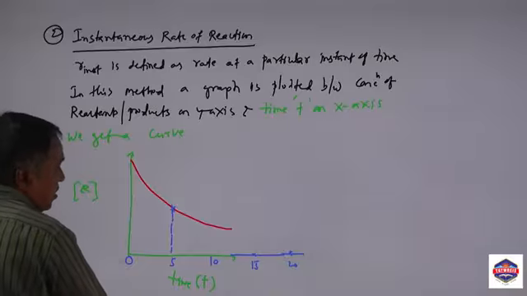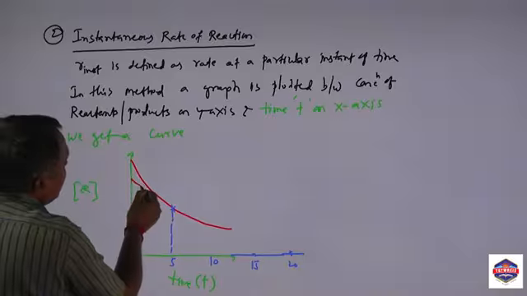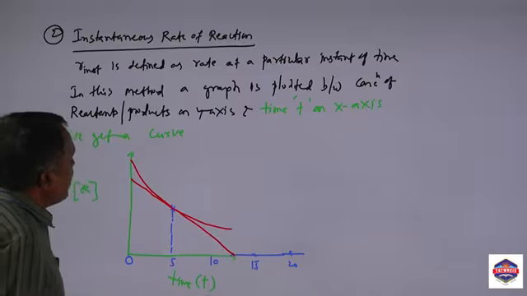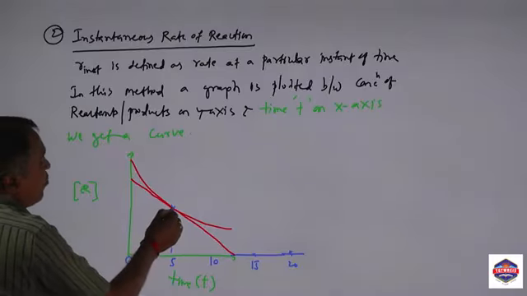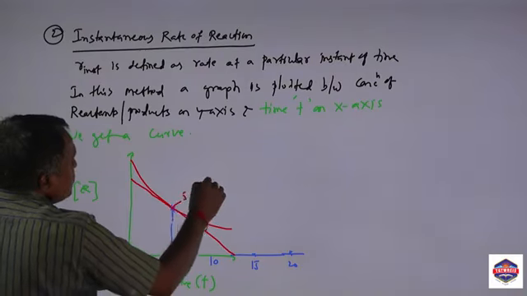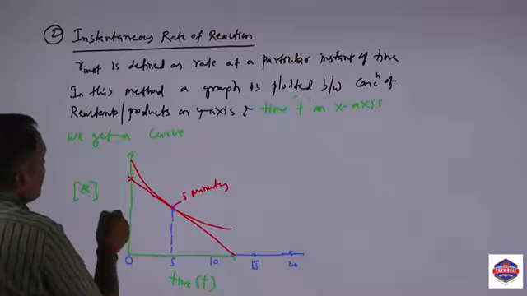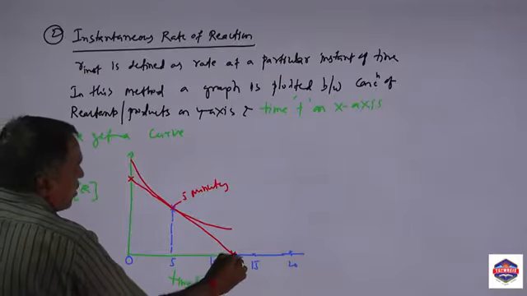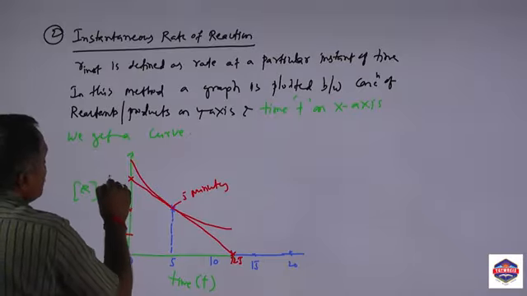So for this we draw a tangent. This is the tangent line, touching the curve at a particular time, 5 minutes. This line also touches the y-axis at this point and the x-axis at this point. This is 12.5. This is 0.1, this is 0.2, and this is 0.3.